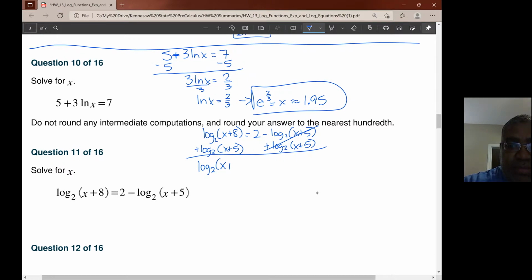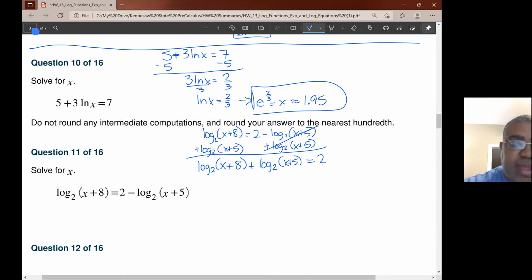X plus 8, plus log base 2 of x plus 5 is equal to 2. Okay, adding two logs with the same base, you can multiply them together.